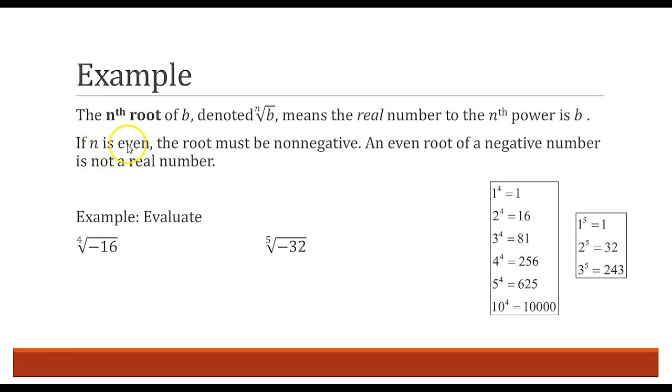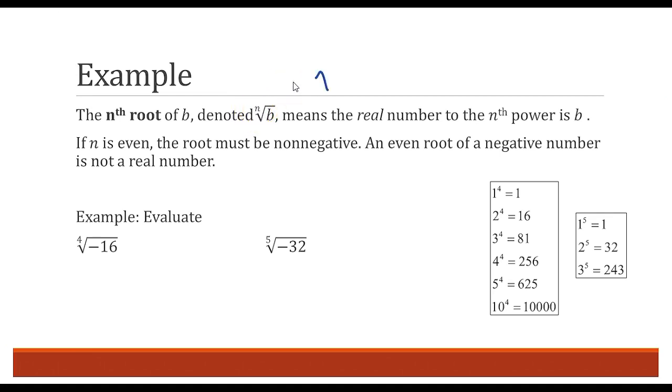Now, if n is even, if we're taking an even root, the root must be non-negative, so our answer must be non-negative. An even root of a negative number is not a real number. So if we have a negative under here and we're taking an even root, then the answer is not a real number. It's non-real.